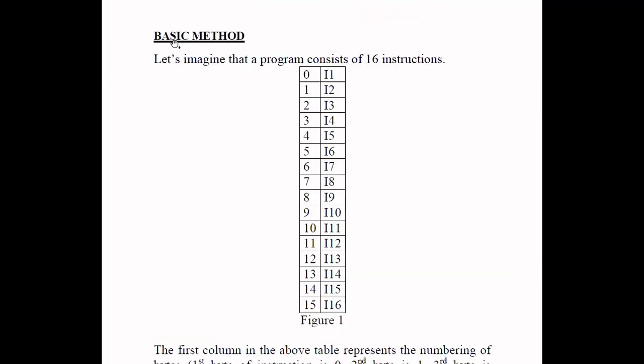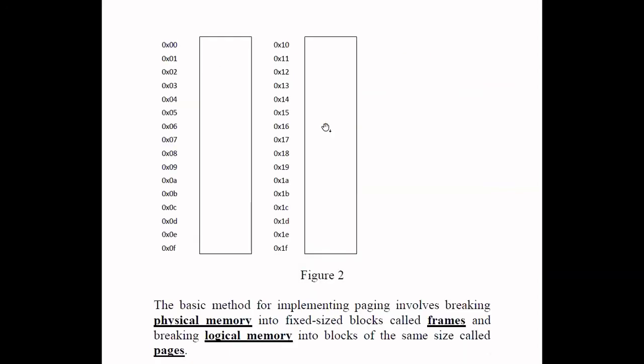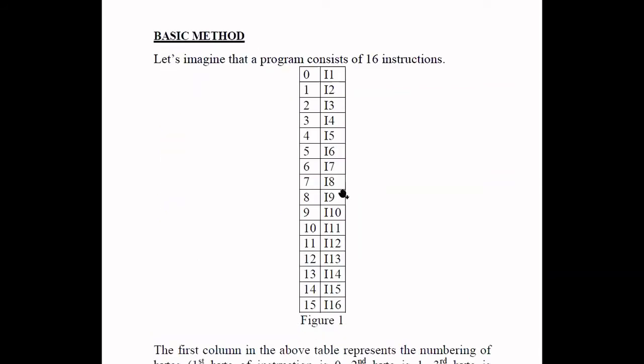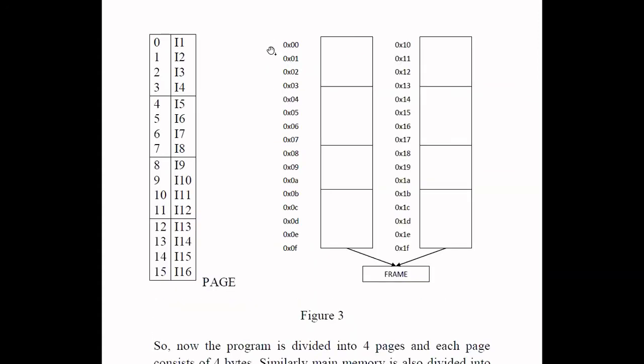When we have a set of instructions like this, we divide these instructions into blocks based on the physical memory availability. This breaking of the instructions into a set of blocks is called pages. This gives more clarity now.